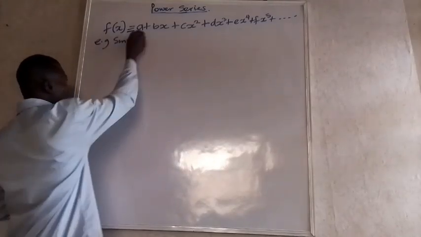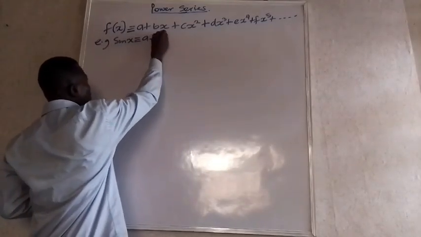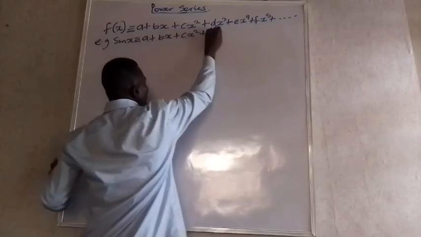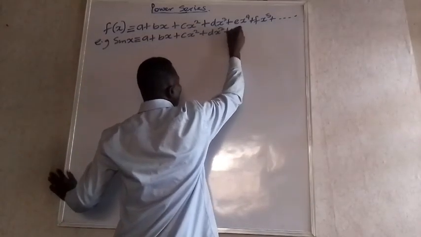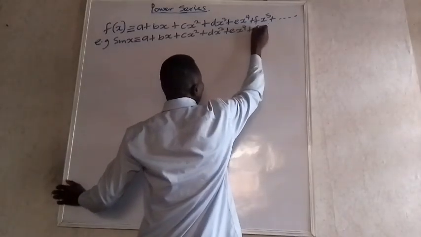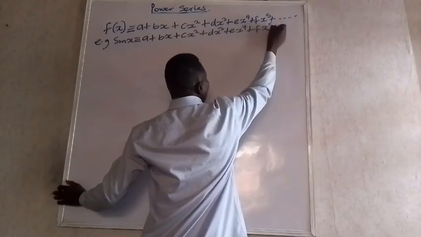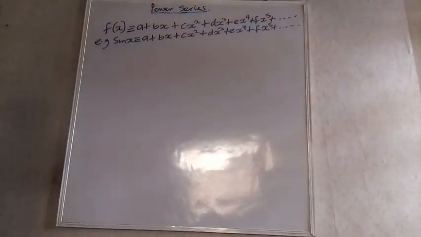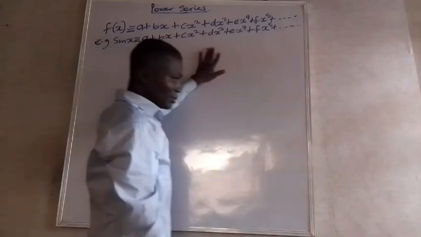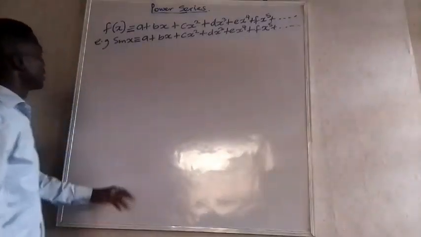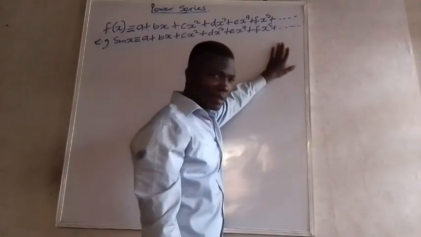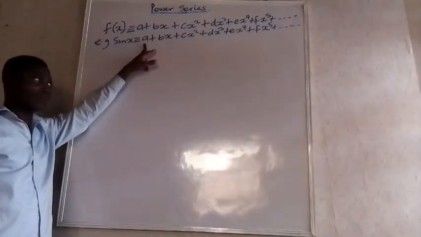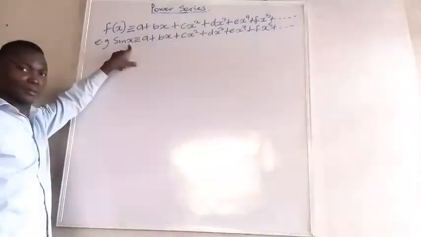I want to express it like this: a plus bx plus cx squared plus dx cubed plus ex raised to the power 4 plus fx raised to the power 5 plus. You understand? Now, if I substitute 0 into this expression, what does that give me? It means that all these ones behind will disappear, and I will have a left in this place. Yet, I have to put 0 here also.